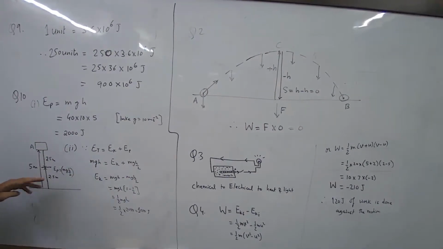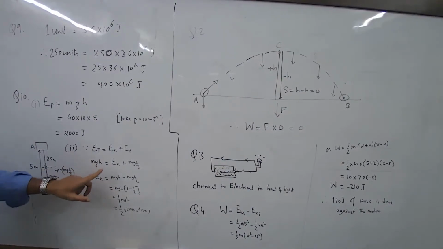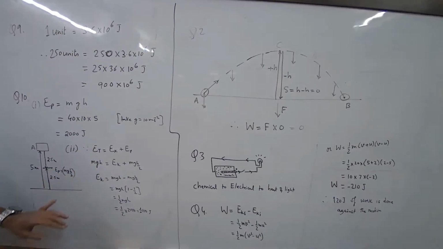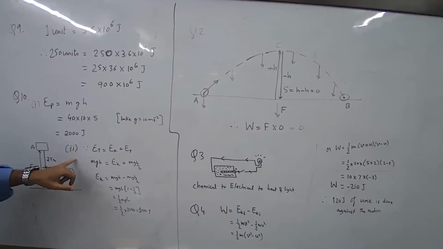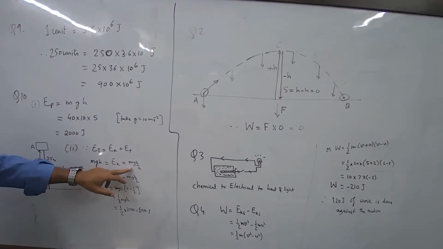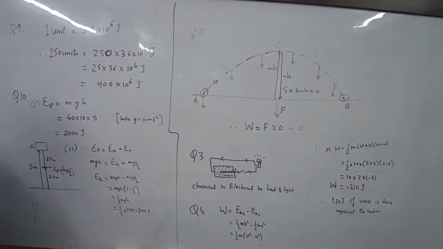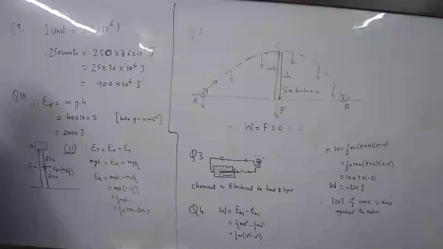When it is falling at half height, we want to calculate what is Ek. But potential we know, because at half height only potential is known. So total remains same by the law of conservation, but potential will be mgh by 2. Okay, so this is the second question, at half height.